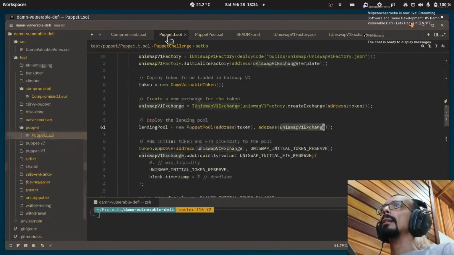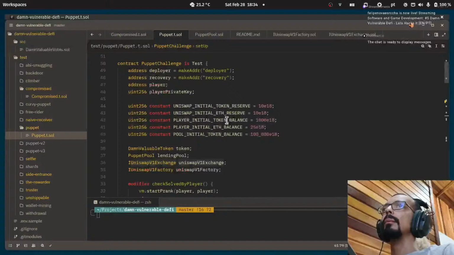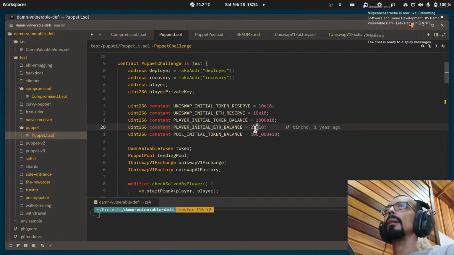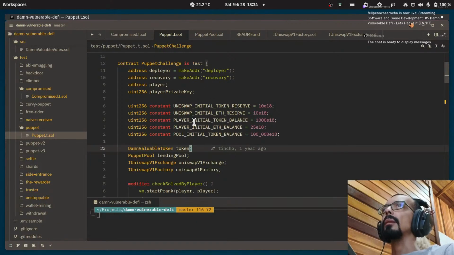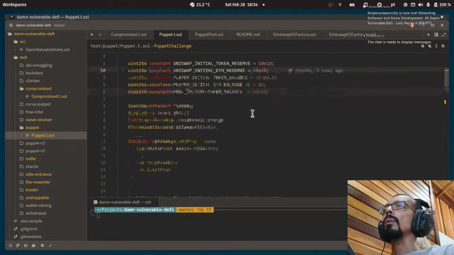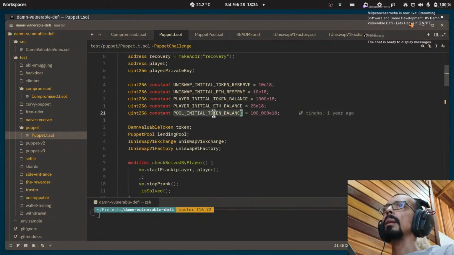So the thing is, I have some Ethereum I can spend. That's 25. Here it's 1 to 1. So with my tokens and Ethereum, can I change the relationship of the reserves?